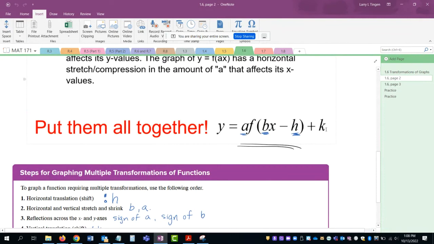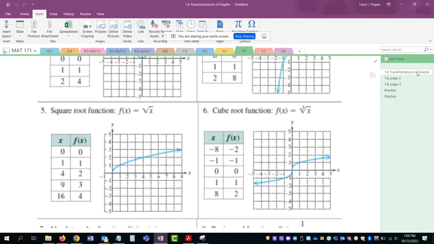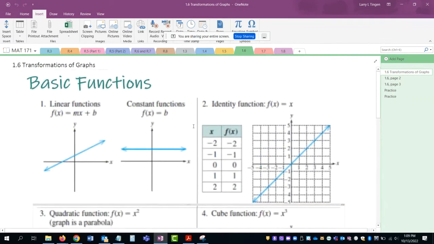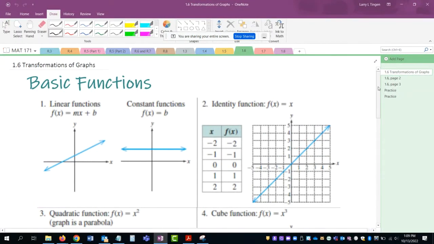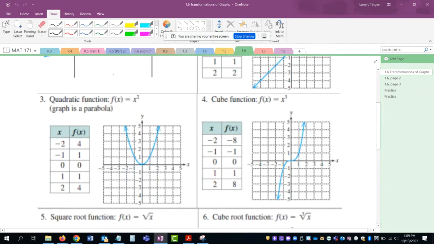So here is this concept of where A, B, H, and K live on any function that you get. There's technically, like here's f of x. These are unique for each specific function. So for instance, if I consider this quadratic, because this is really the one where everything starts to show up, here's my basic f of x is equal to x squared.